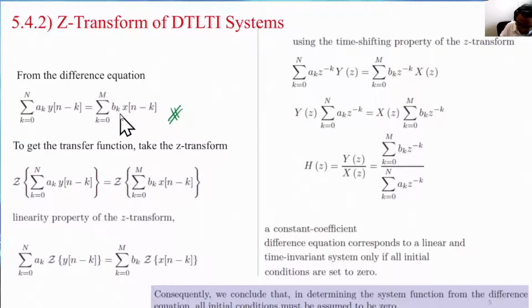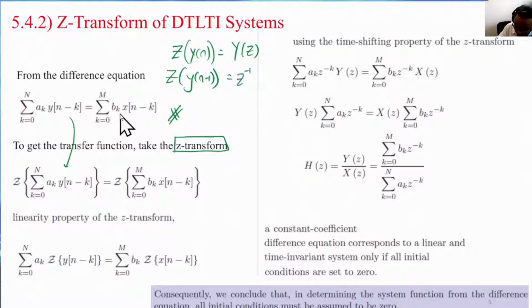We're going to take the Z transform of both sides. What you remember is that the Z transform of y of n is Y of z, the Z transform of y of n minus 1 is z to the minus 1 times Y of z, and the Z transform of y of n minus 2 is z to the minus 2 times Y of z.